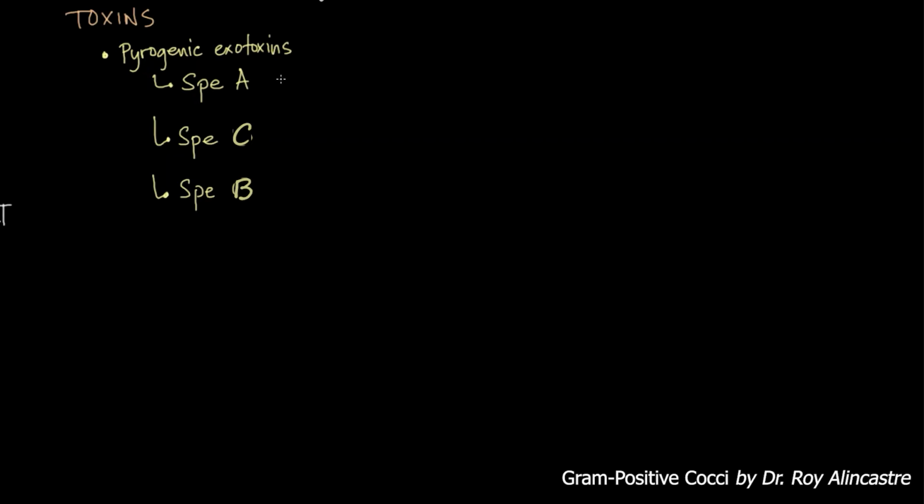So SPEA is the toxin responsible for the streptococcal toxic shock syndrome. So it actually has the same mode of action like the staph TSST, or staphylococcal toxic shock syndrome, which means it is also a superantigen that causes the release of large amounts of cytokines from helper T cells and macrophages, and they cause shock and tissue injury. Okay, SPEC also contributes to the syndrome.